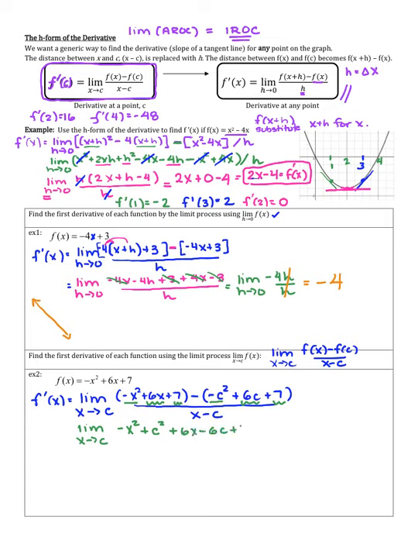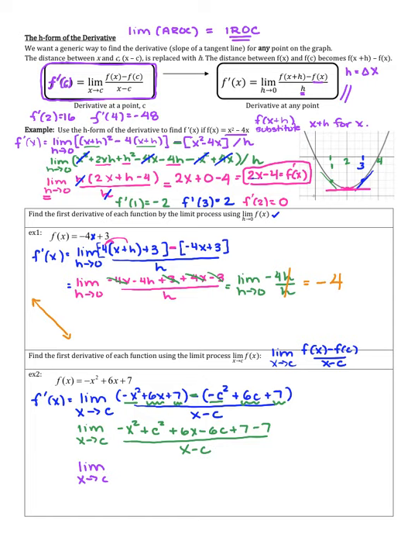Then I have plus 7 minus 7, because I'm distributing that negative all the way over there. This is all over x minus c. Okay, so let's simplify this out. I can do a little more magic here.